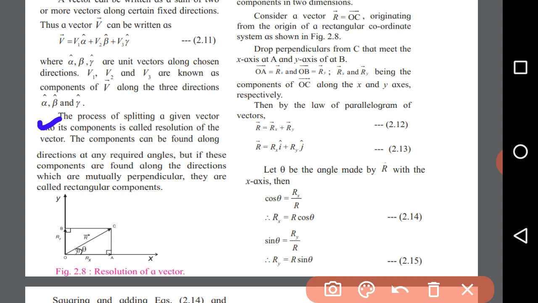So you can separate this vector into a sum of different vectors.